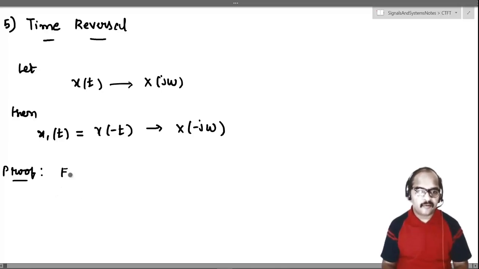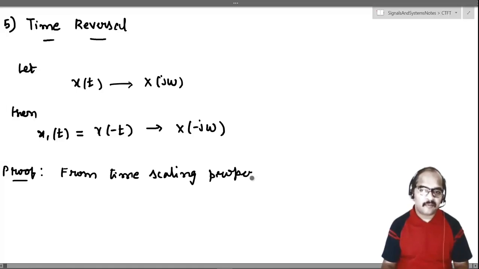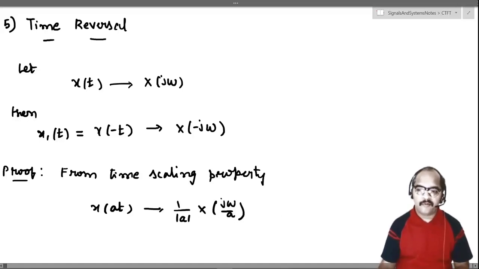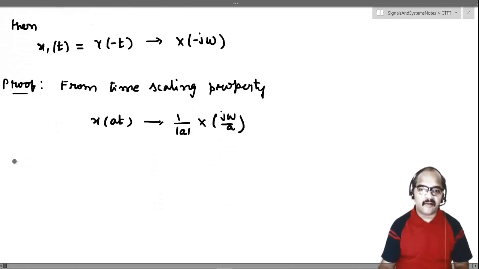From the previous property, the time scaling property, what did we get? We know that x of at will have what as Fourier transform? 1 by mod a, X of j omega by a. What happens if a is negative?